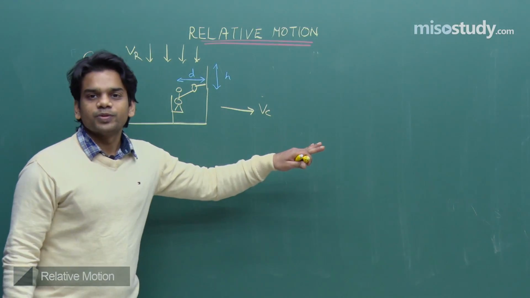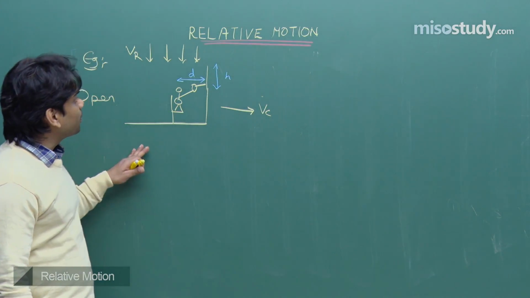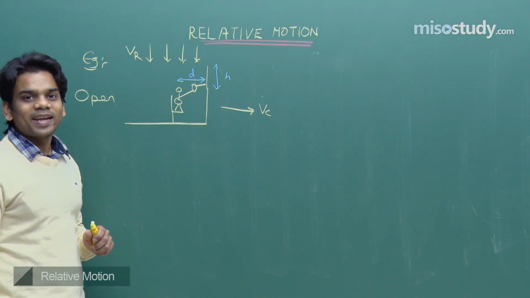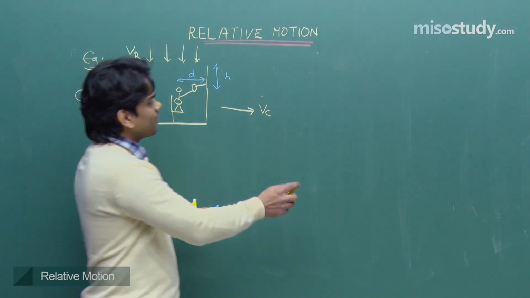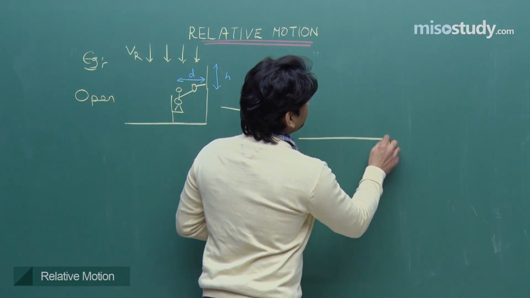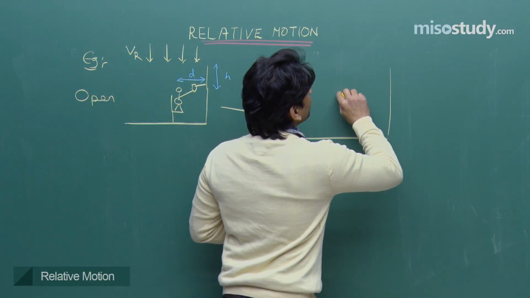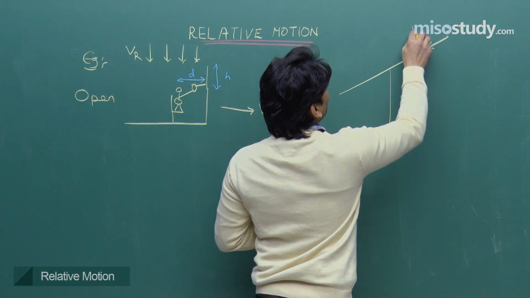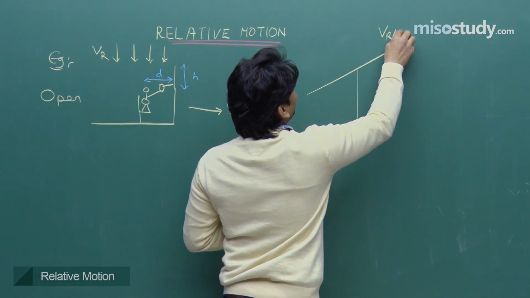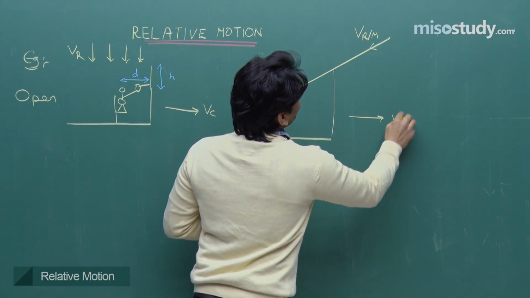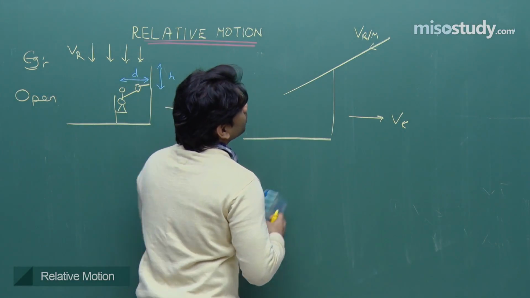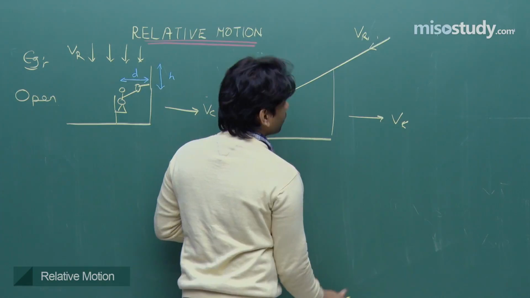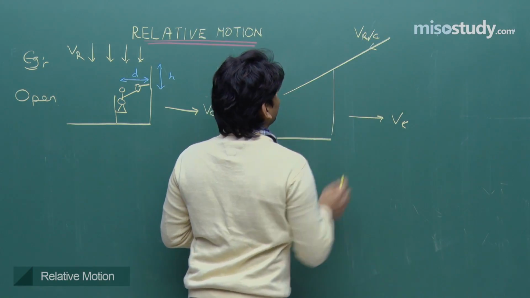Now, as he moves, the velocity of rain will not appear to be in the vertical downward direction. That will change. As he moves, the rain will appear to him in this direction. This will be the velocity of rain with respect to man, as I told you just now, and this is the velocity of car. Since we are using the car here, I will use the velocity of rain with respect to car. It should be along this direction.